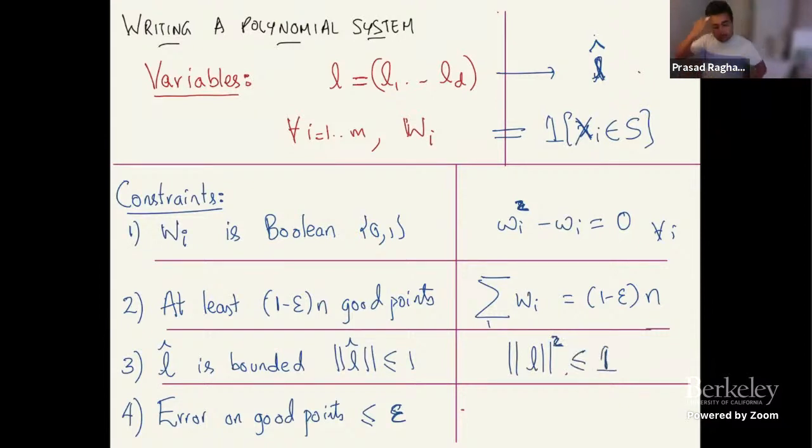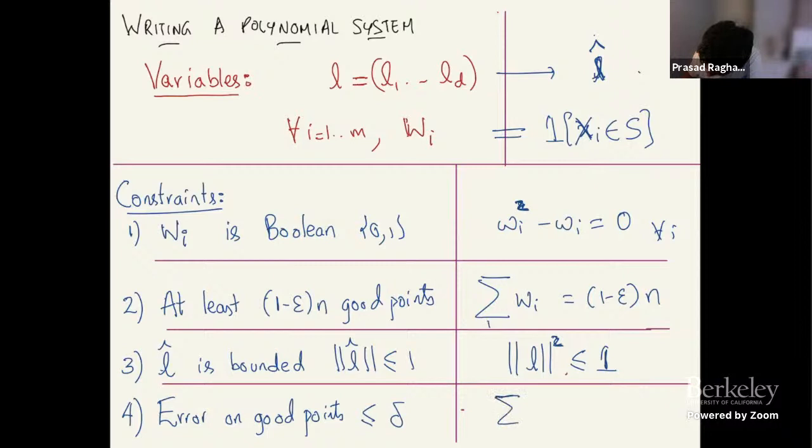Finally, what we really care about is the error on the good points. I shouldn't use epsilon again, let me say delta. We want the error on the good points to be at most delta. So let me write that constraint. How do I pick up just the error on the good points?